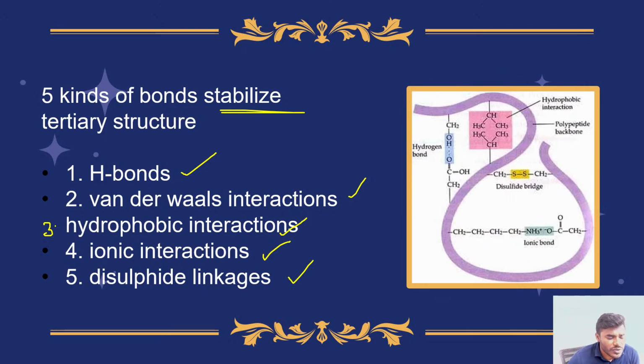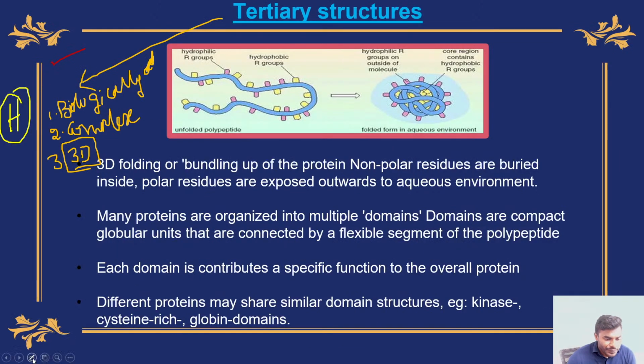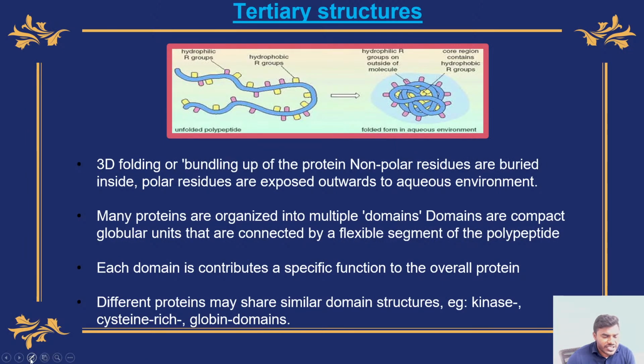In a given part B question, they can ask that all of the following interactions are stabilizing the tertiary structure except, that's the point you have to remember. In other words, they can ask which of the following interactions is not involved in stabilizing the tertiary structure. You have to remember every single interaction. Now friends, listen to my statements. Whatever protein is present in the tertiary structure, every student remember, it contains several domains.